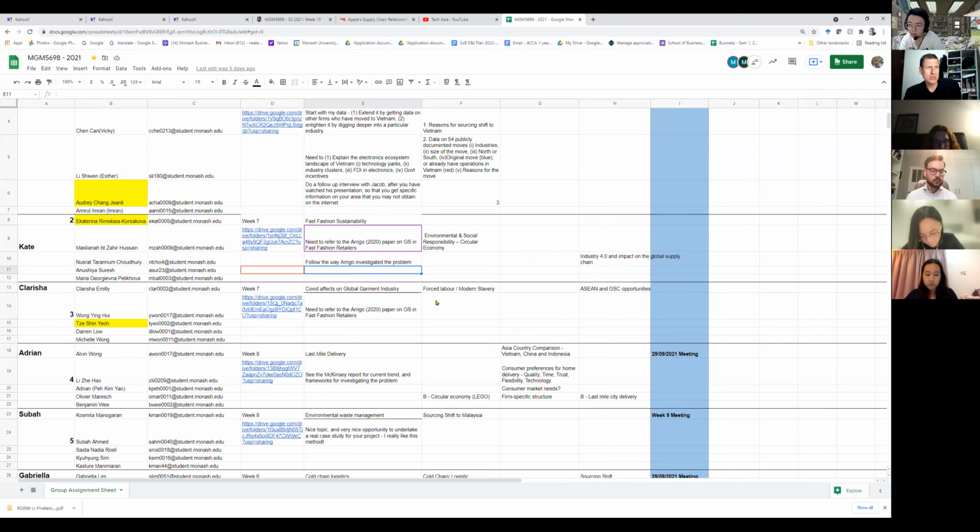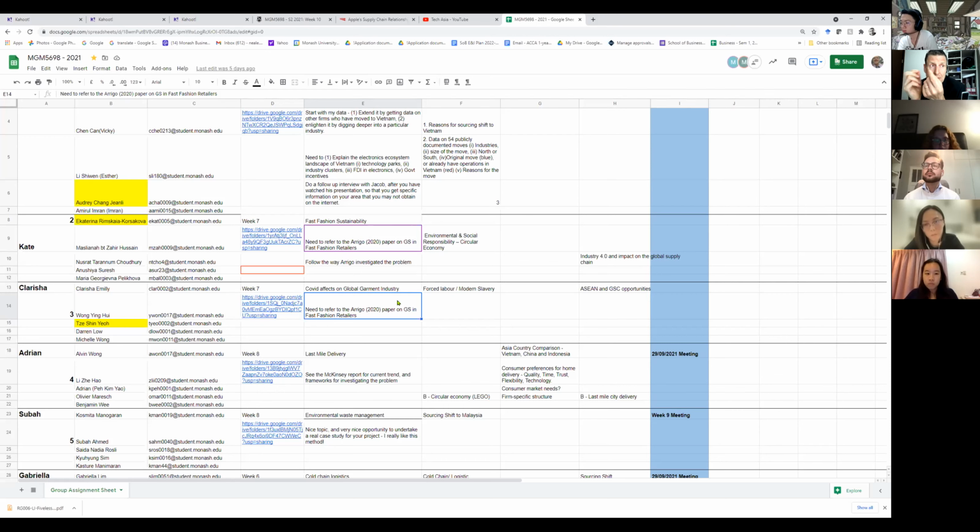So are you still looking at modern slavery, or you changed it, or you just saw COVID effects? Clarissa, group. Darren, your group. Yeah, it's still quite focusing on how it will impact the workers' rights, actually. Oh, okay. If you focus on workers' rights, then during COVID-19, yes.